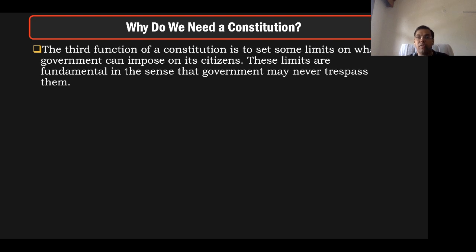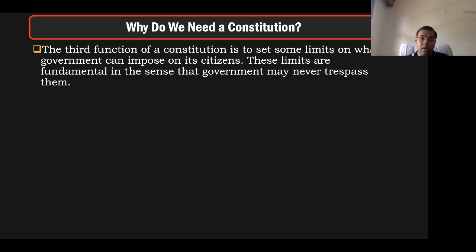The third function of a constitution is to set some limits on what a government can impose on its citizens and what a government cannot impose on its citizens. Highly, highly important. The government cannot take away the fundamental rights of citizens. If the government tries to surpass that, when we talk about the national emergency that was declared by the government, where the fundamental rights were taken away, right to life was taken away.